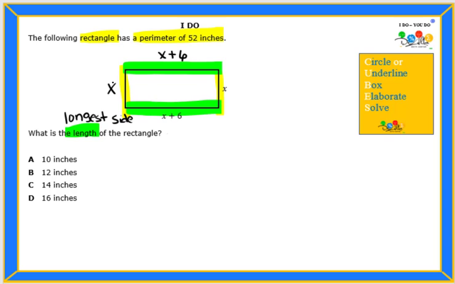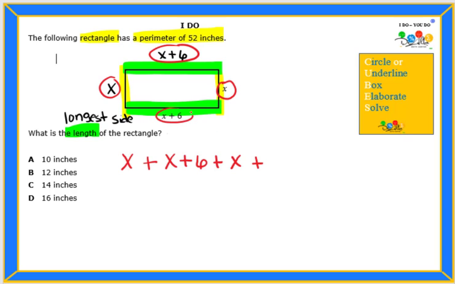We have x plus x plus 6. I'm just going around my rectangle. Plus x plus x plus 6. Now that I know I have all sides, when I add all the sides, it should equal 52.